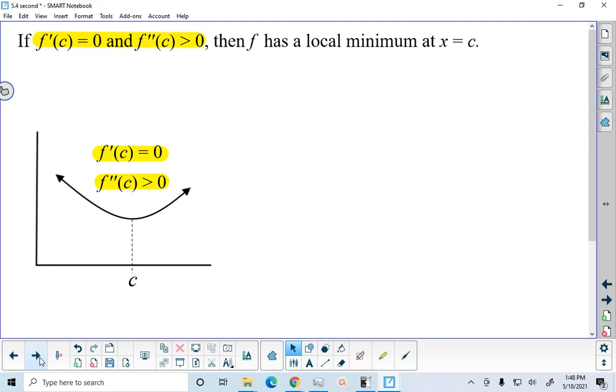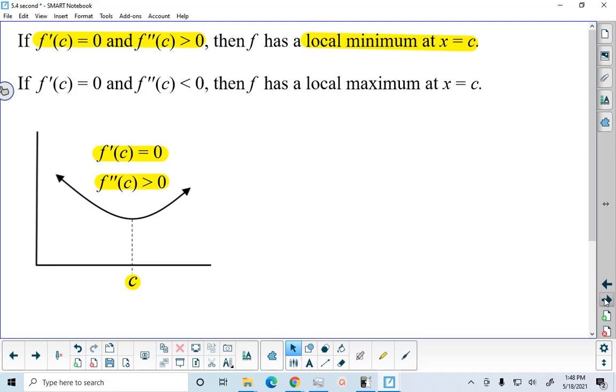Which means that's a minimum. There's a minimum at x equals c. There's no other way you could draw a curve with a horizontal tangent, which is the first derivative 0, so that it's concave up and not have a minimum there. So that's one half of the second derivative test.